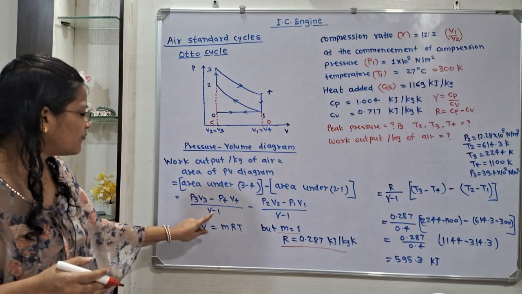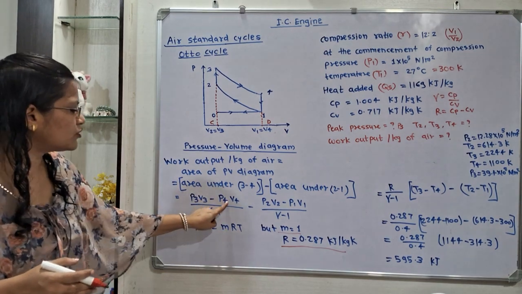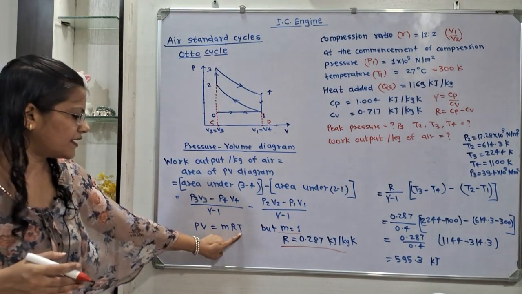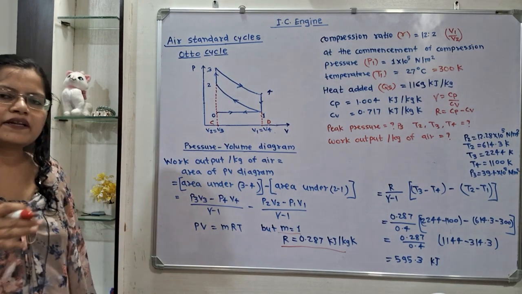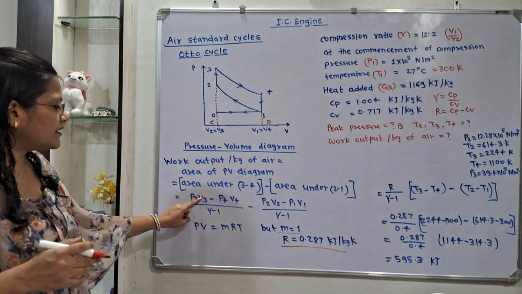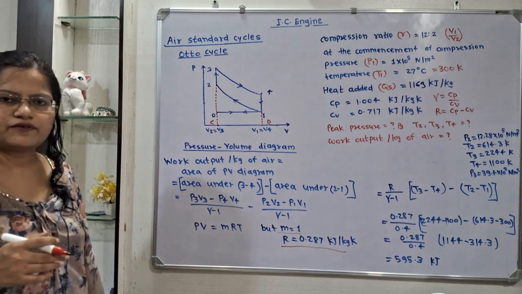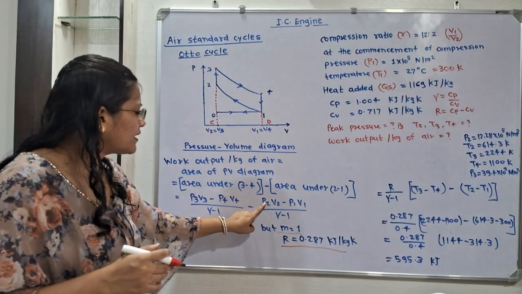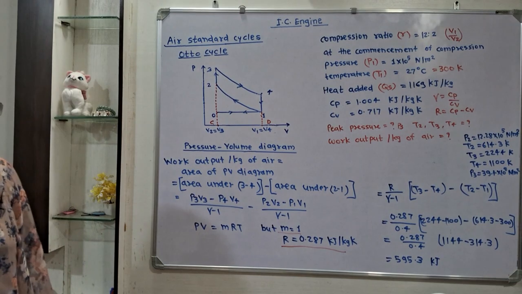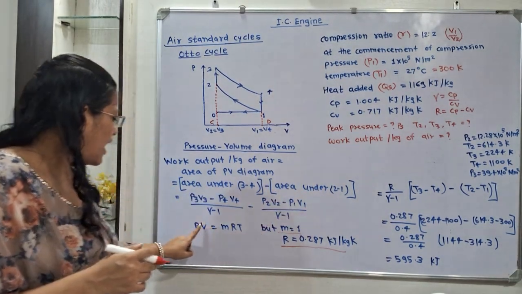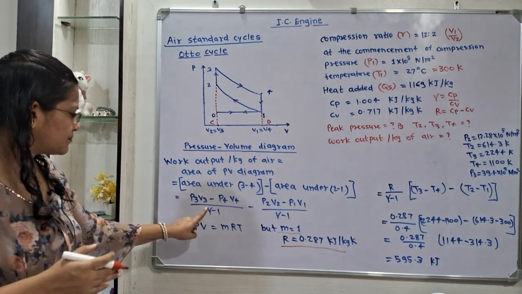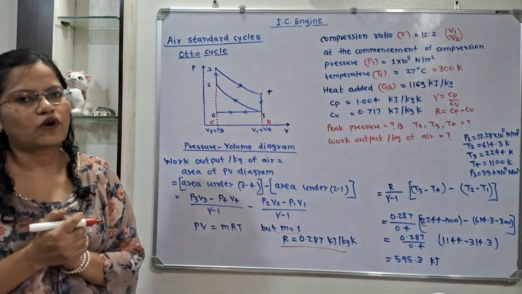If we put mRT instead of PV, then T is variable, while m and R remain constant. So I will write mR inside the bracket (T3 minus T4), and here also mR inside the bracket (T2 minus T1). We take R divided by gamma minus 1 outside the bracket, because gamma minus 1 is also a constant term.